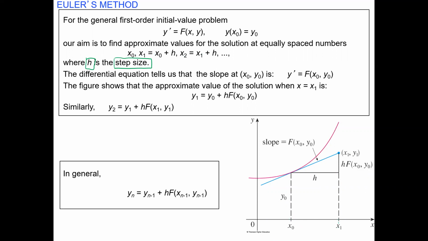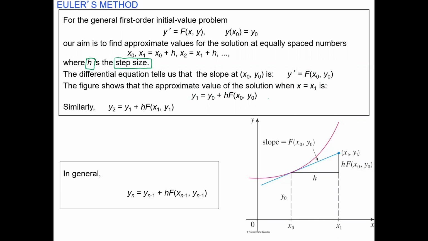x sub 0 plus h is x sub 1, x sub 1 plus h will be x sub 2, and so on. The differential equation tells us that the slope is y prime equals f of x sub 0, y sub 0. The figure shows the approximate value of the solution when x equals x sub 1.